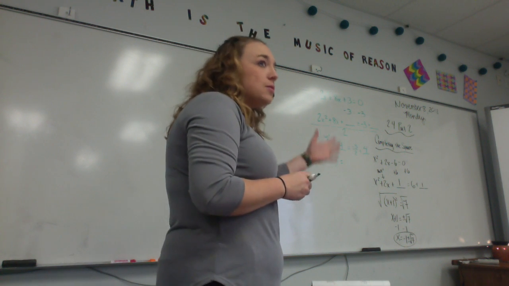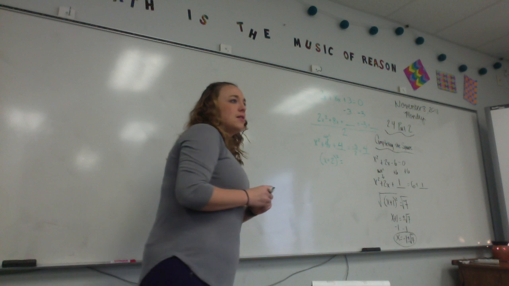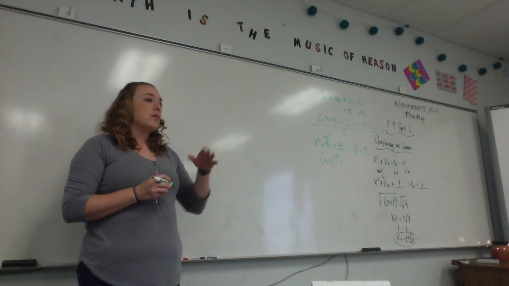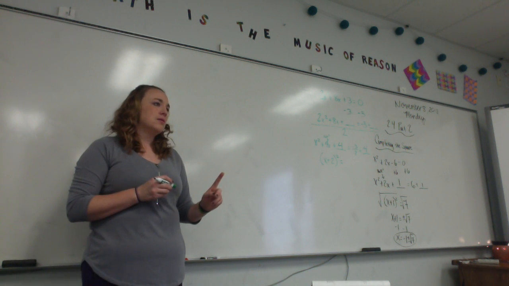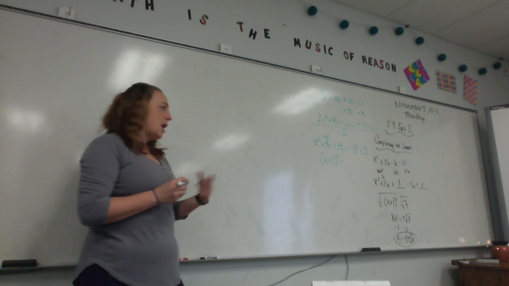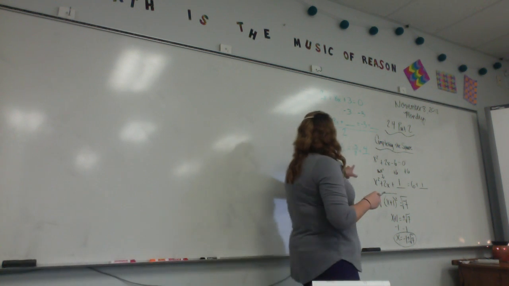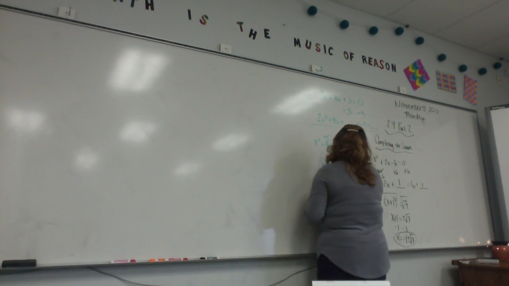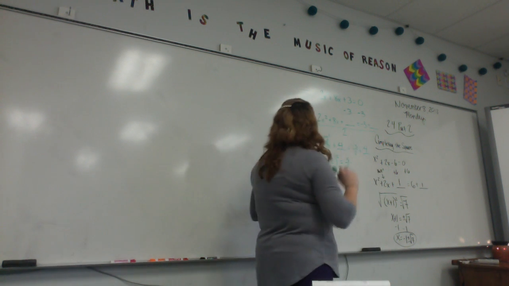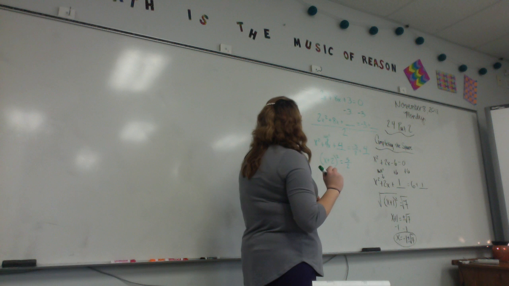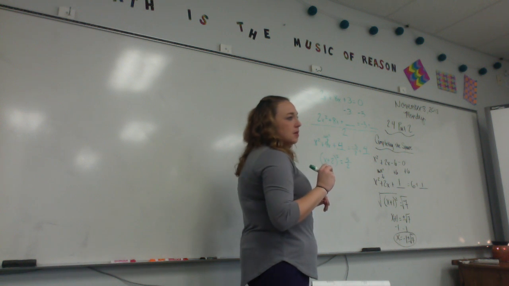So 4 minus 1.5. 4 minus 1 is 3, so 2.5. You can put 2.5, or I'm going to put 5 halves because it's easier to do that way for later. Now, what do I need to do? Radical it.